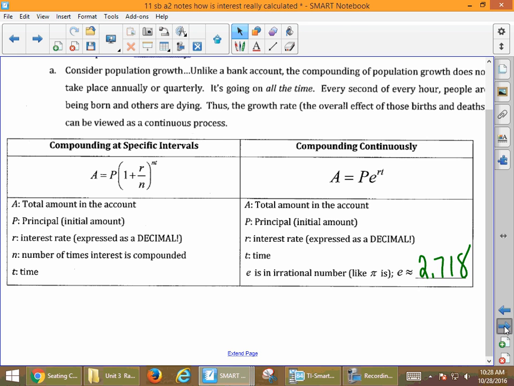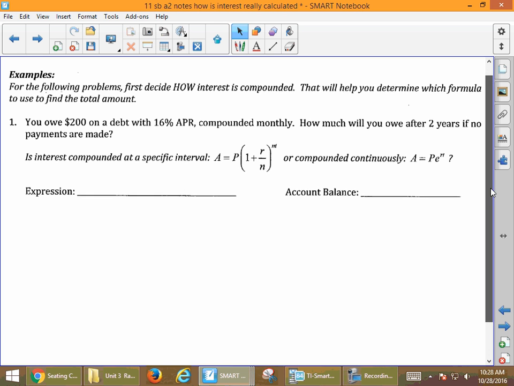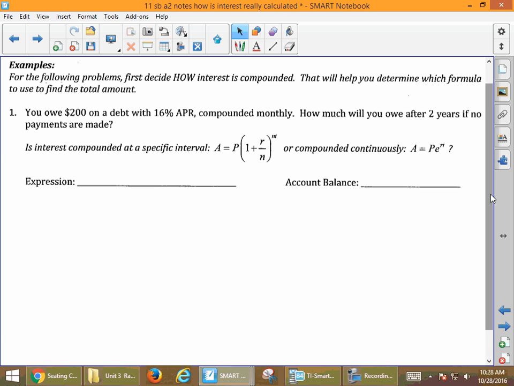So as we look at our final examples here, we need to decide how the interest is compounded. And once we decide that, then we can use our formula. It says you owe $200 on a debt with 16% APR, and it's compounded monthly.